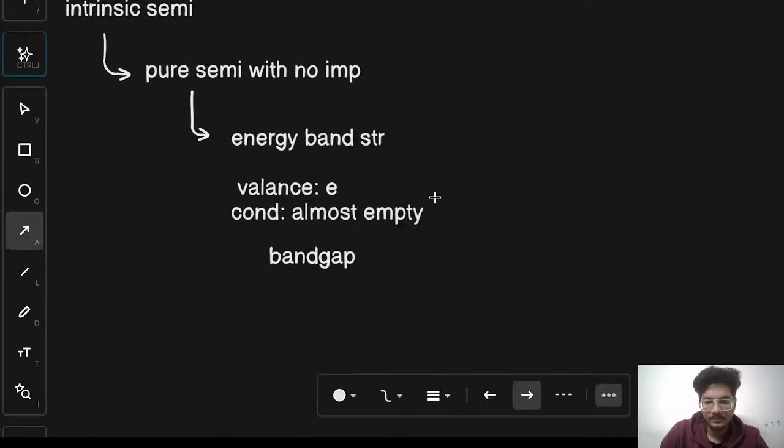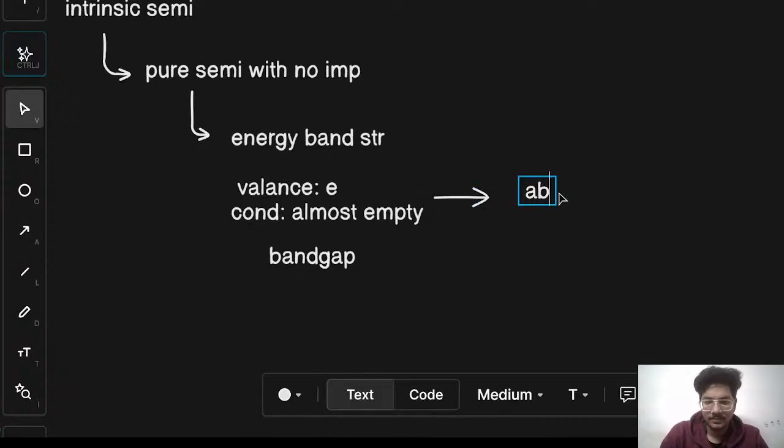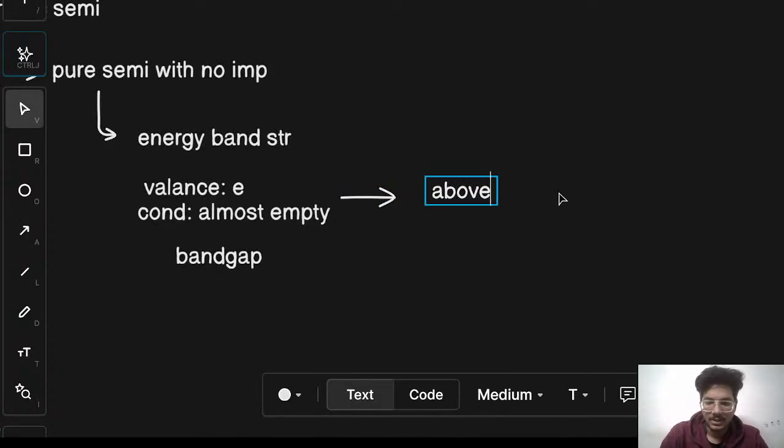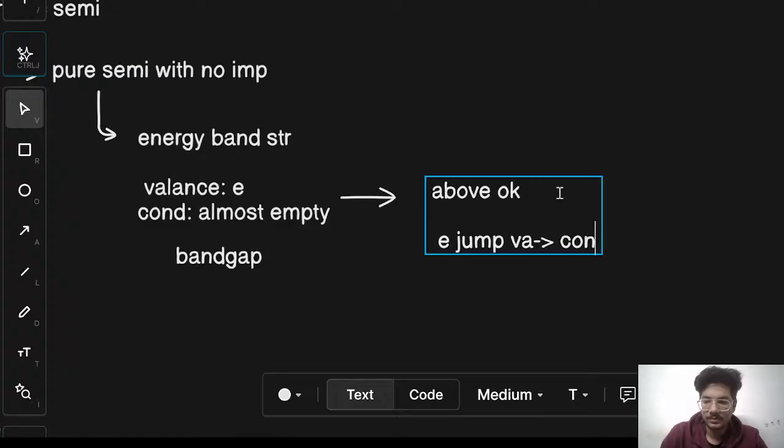Above 0 Kelvin, some electrons gain thermal energy and jump from the valence to the conduction band, and this leaves a hole in the valence band.